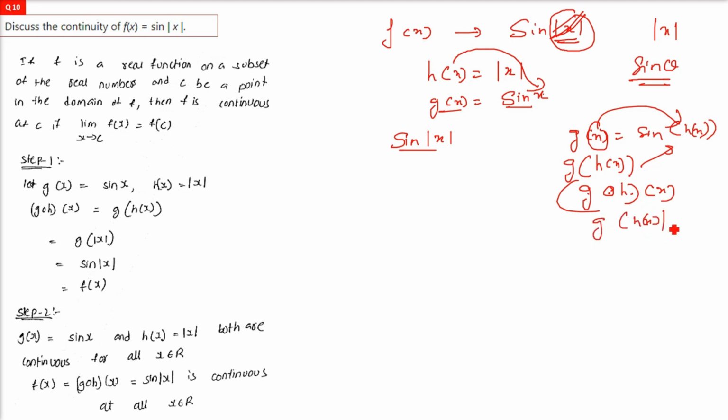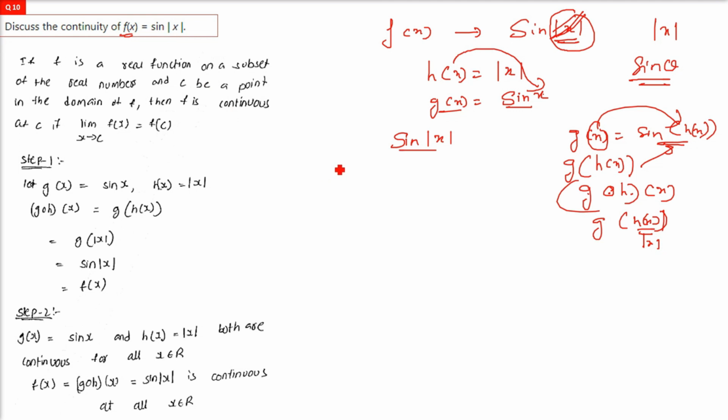So this is nothing but an operation. You might have heard about gof, fog, like that. So you can assume one is g, one is f. Here I have taken it as h. You can always take it as f. So this is a gof operation, or fog operation.